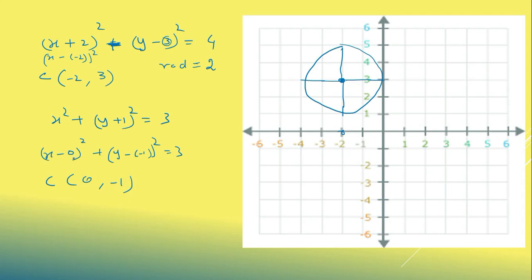The x part is 0, the y part of the center is minus 1. X is 0, so it is on the y axis, y is minus 1 here. The center is on the negative side of the y axis, and the radius is the square root of 3.